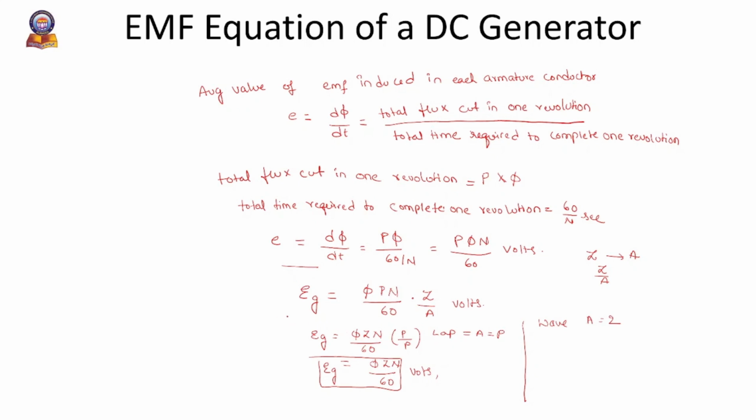So this is the EMF equation of a DC generator. For lap wound, A is equal to P, Eg is equal to psi Z N by 60 into P by P. So P P gets cancelled. Finally it is psi Z N by 60. Whereas for wave wound A equals 2, Eg is equal to psi Z N by 60 into P by 2. It is psi Z N by 120 into P.